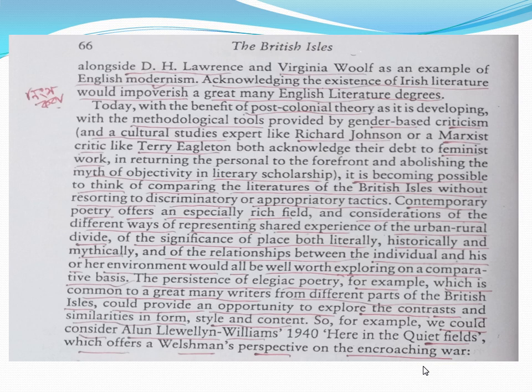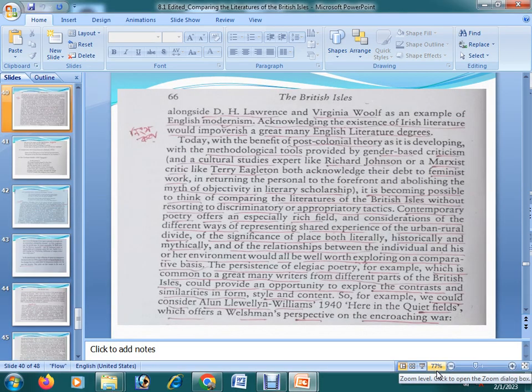Apart from these 4 states, we have some other Channel Islands and the Isle of Man, and in these islands we have seen they have different literature, different culture and different mythological background as well. And if we take British comparative literature as an entity, we have to compare the literature of all these parts.